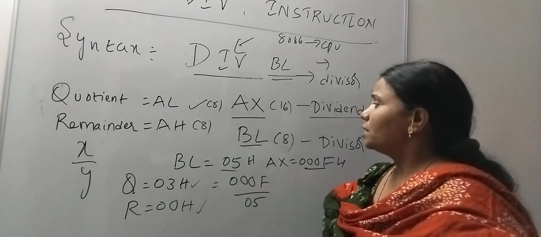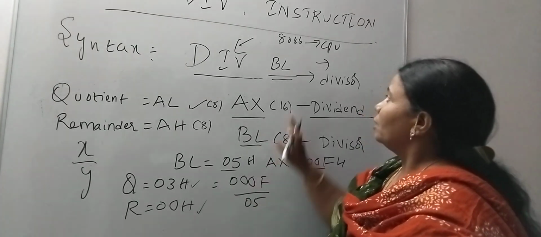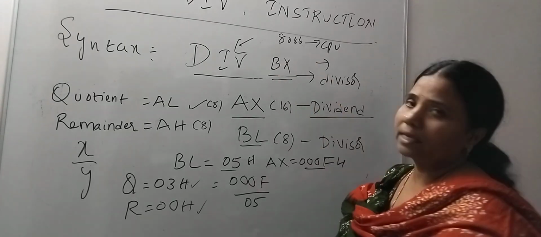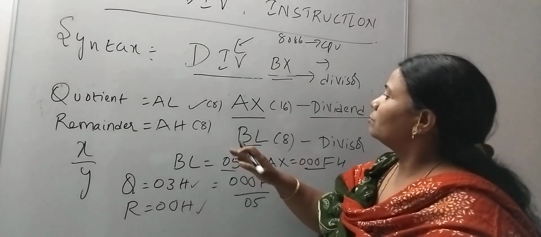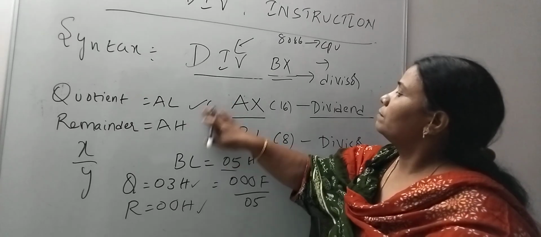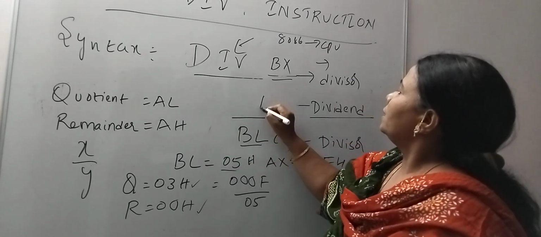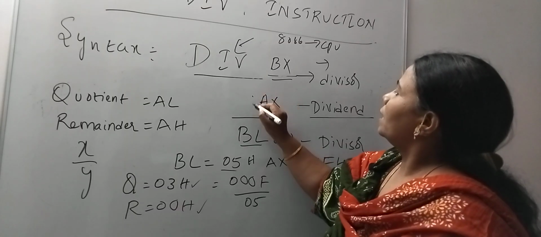Instead of 8-bit, if you go for 16-bit, that is, instead of BL you use BX, then the dividend will be the content of AX and DX.